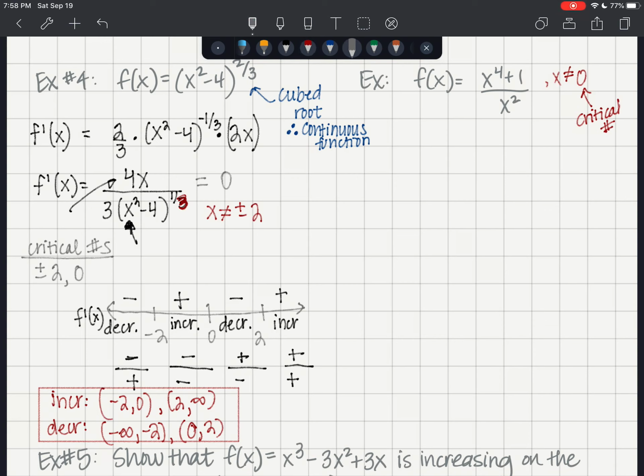Then we're going to find our first derivative. So f prime of x is equal to, I'm going to rewrite this, f of x equals x squared plus 1 over x squared. And I'm going to find the derivative of it. So it would be 2x minus 2 over x cubed.